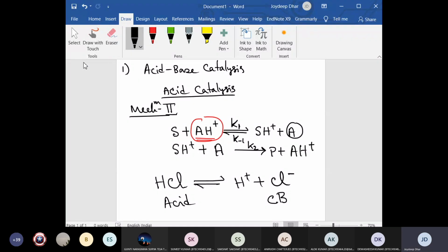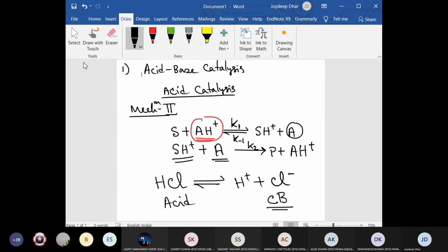So this is the only difference in mechanism 2, where water will not take part, but the acid component, that is its conjugate base, abstracts the proton from the intermediate and gives you the product. So the mechanism is almost the same, and the rate constant also you can derive from here. In this case also it will give you general acid catalysis.